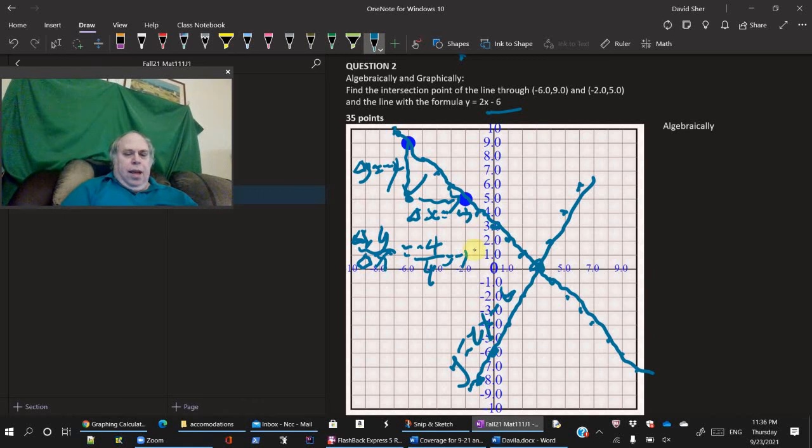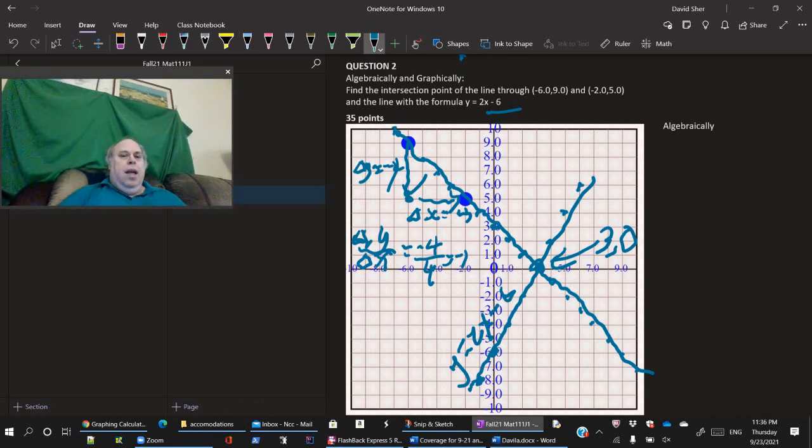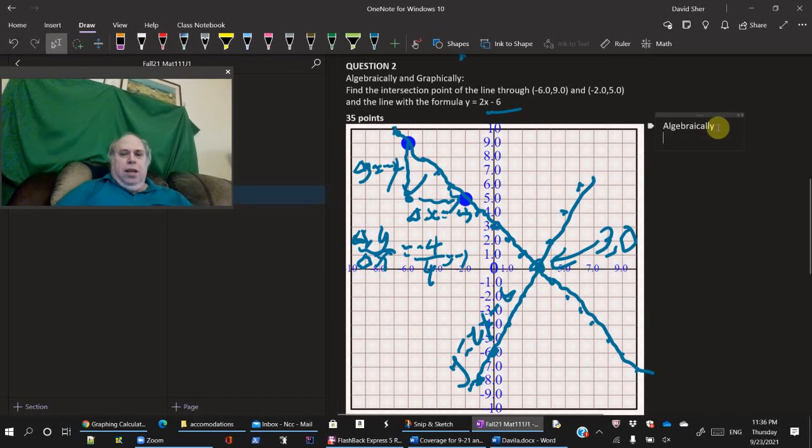And now the answer has two coordinates, an x and a y. The x is 3, and the y is 0. And that's the solution to finding the intersection between these two lines graphically.